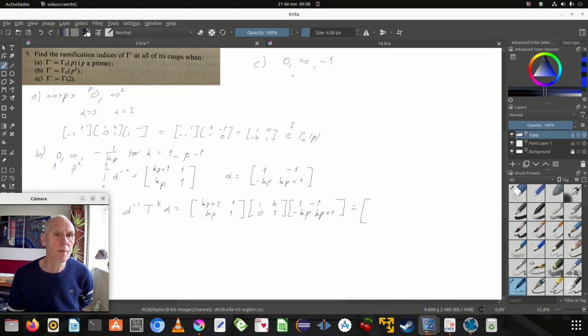Infinity, that's of course 2. And naught, we already have the expression here, so that's 2 as well. Still, minus 1 lies in gamma 2, so it's regular, of course. Minus 1 is the only one we need to check, or we could check unity, but let's check minus 1.